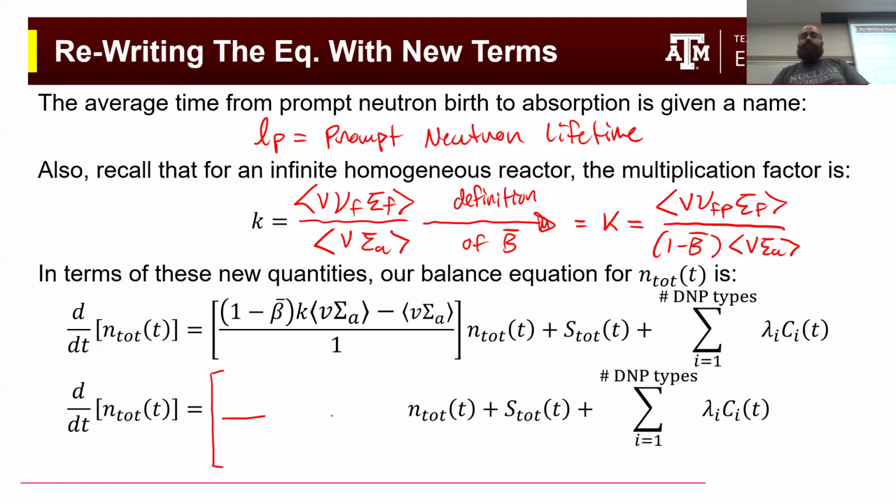So the first part here is just going to look like 1 minus beta times K, because I've divided the V sigma A term out. Here, I'm dividing that term by itself, so I get a minus 1. And then down here, I've got 1 over the average of V sigma A, and 1 over V sigma A, by definition, is that prompt neutron lifetime. So down here, I'm going to have LP.